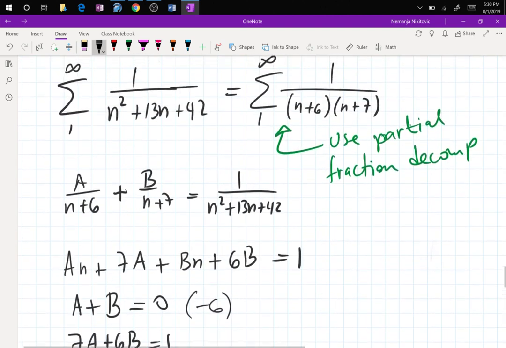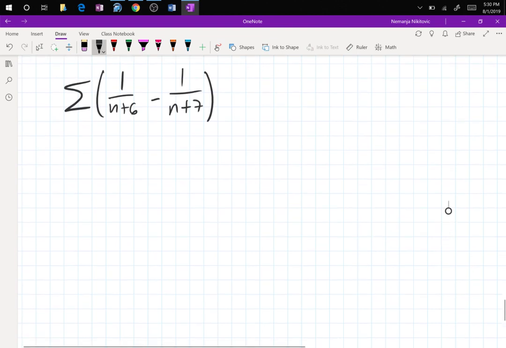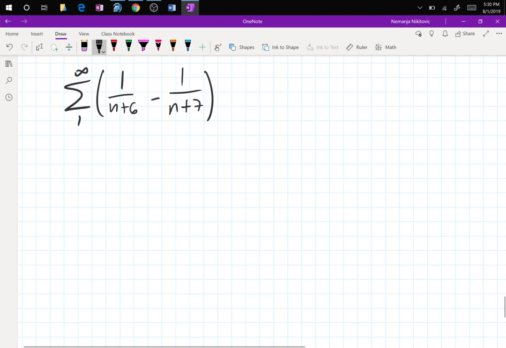So we used partial fraction decomposition to come up with these two formulas that are subtracted. So now I get to do the patterns.